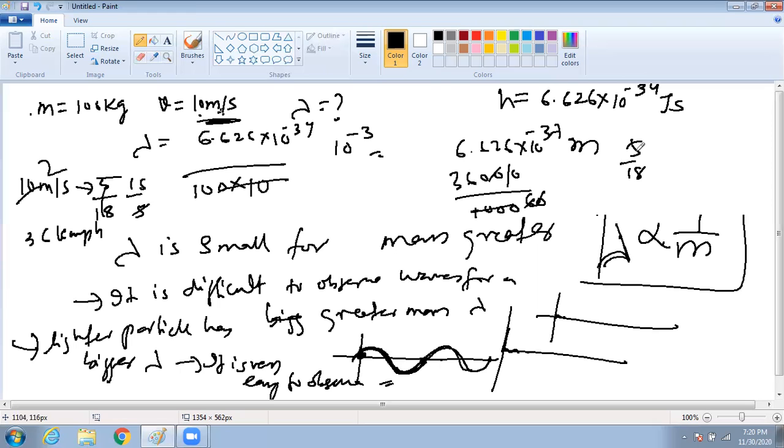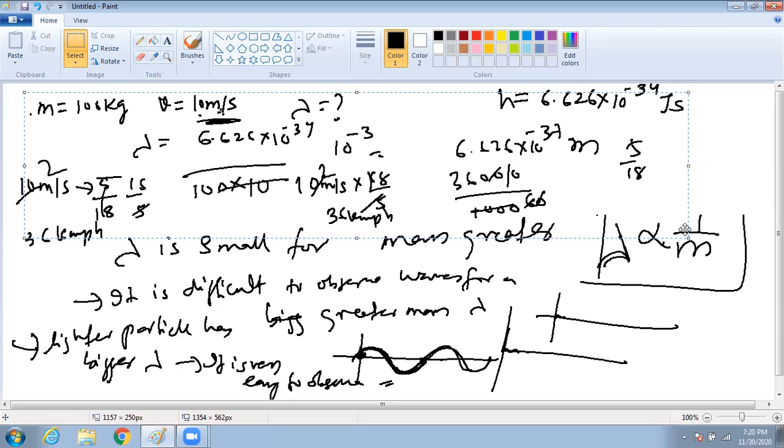Yeah, correct. So if you want to convert meter per second to kilometer per hour, multiply by 18 by 5. 10 meter per second into 18 by 5, so this will be 2, and you'll get 36 kilometer per hour. If you want to convert kilometer per hour to meter per second, multiply by 5 by 18. Clear?